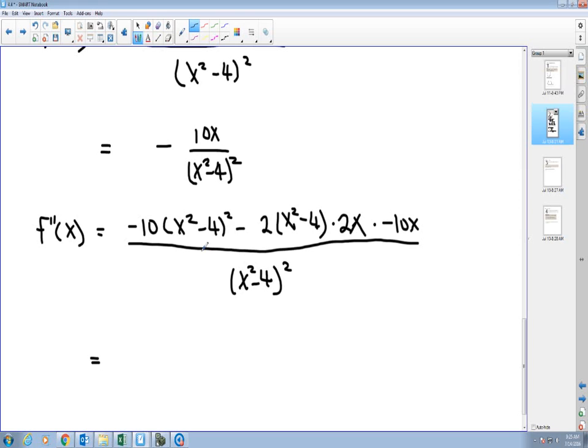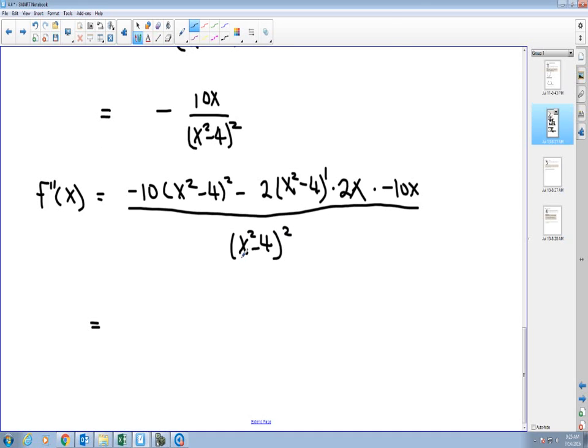Alright, this is quite a mess. This negative and that negative will make a positive. So my second term is positive. Both of these terms have x squared minus 4. This is to the first power, that's the second power.